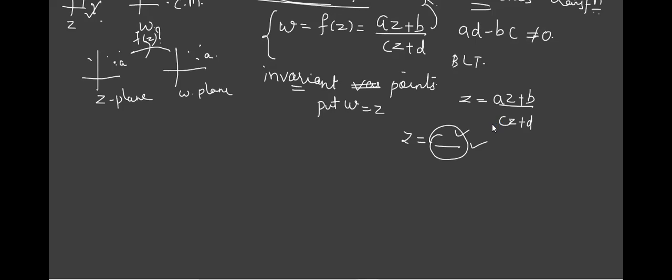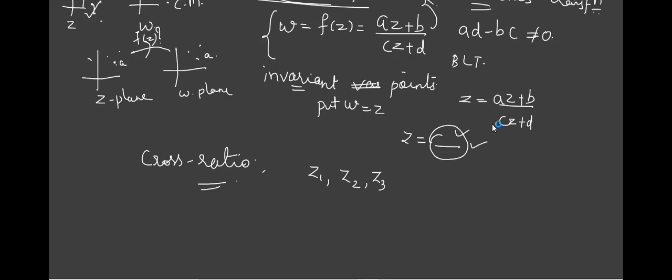Now, to find the bilinear transformation, we'll apply one concept which is called the cross ratio. Writing this cross ratio is very simple. All of you just concentrate here. See, the 3 points in the Z plane given, we'll name them Z1, Z2 and Z3.